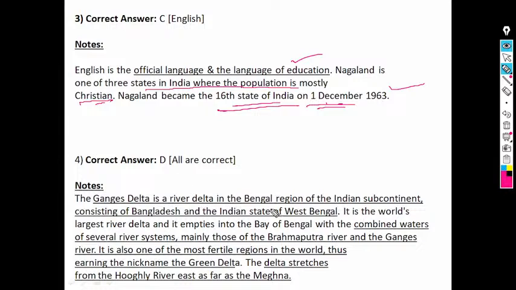Ganges Delta is a river delta in the Bengal region of the Indian subcontinent, consisting of Bangladesh and the Indian state of West Bengal. It is the world's largest river delta and it empties into the Bay of Bengal.